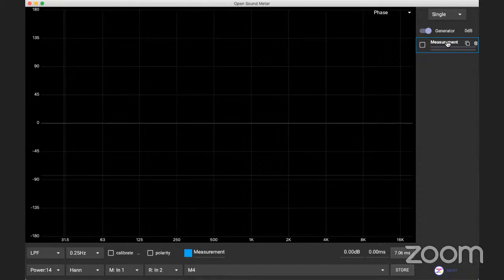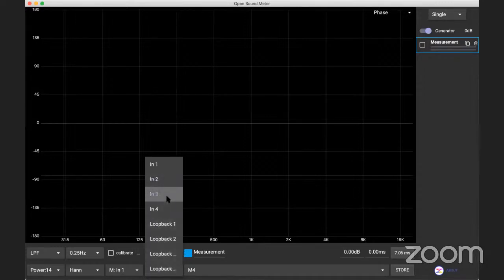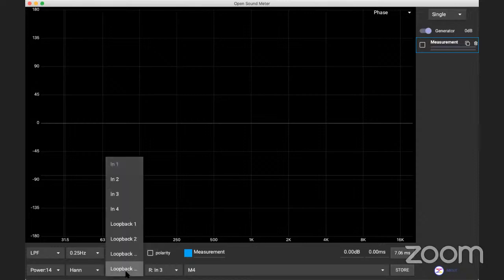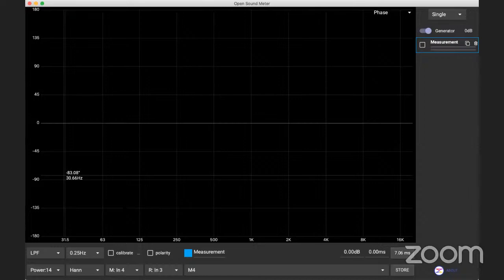So see what I'm doing here. I have aux number 1, which is going to be my reference input, connected to input number 3. Then I have aux number 2, which is going to be the measure, which I'm going to delay and measure. That will be my measured input, input number 4. Is that clear? So this isn't through the mic, right?